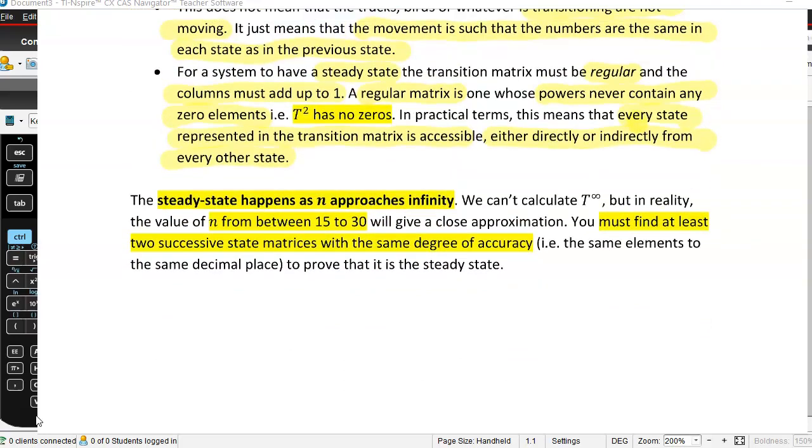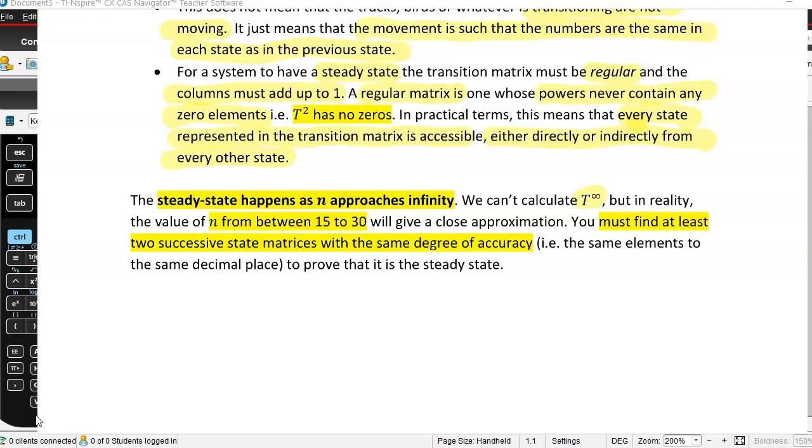To talk technically for a moment, the steady state happens as n approaches infinity. So as n gets bigger and bigger, we can't actually calculate T to the infinity, because obviously that's a number that's forever out of our reach.